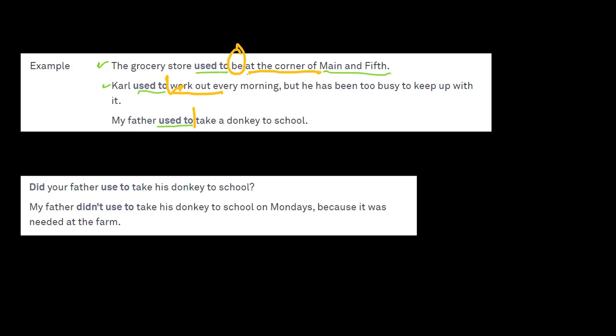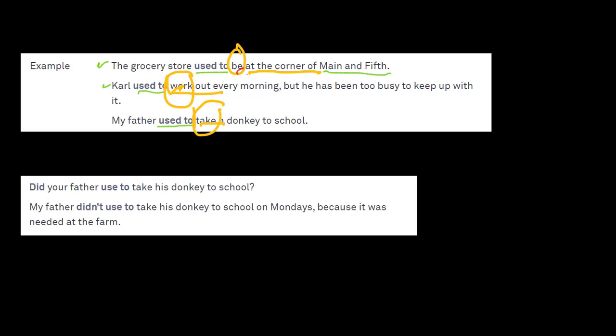In the third sentence, it is followed by take. Can you make a conclusion? Good. Whenever used to is followed by a verb, we don't need any be, right? But whenever it is followed by a phrase other than a verb, then it should be followed by a be.